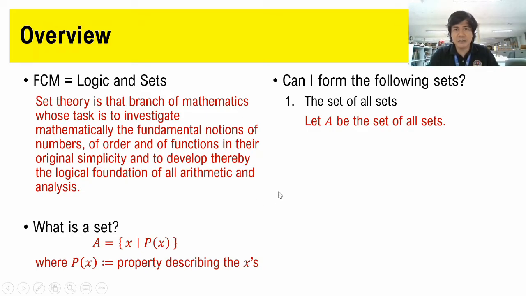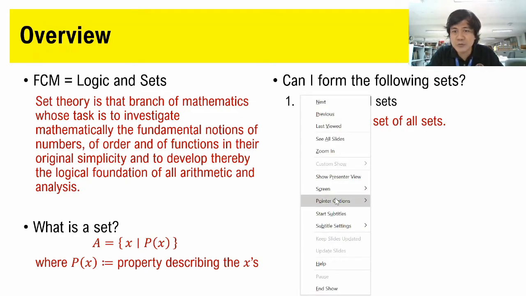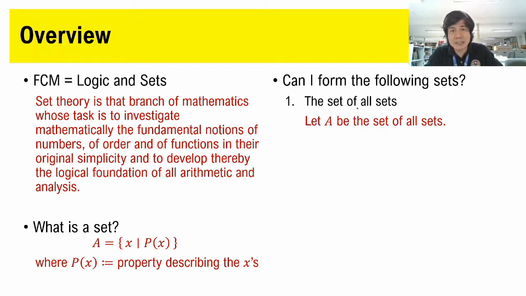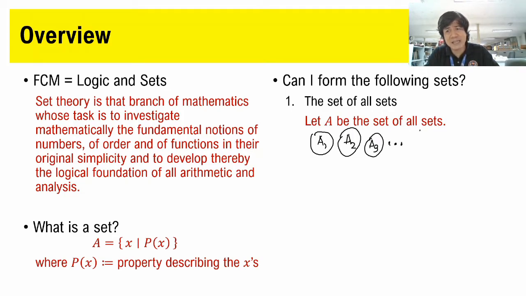So let us consider, for example, let me change the color of my pen into, say, black. So let's consider we have the set, say, a sub 1, say another set, a sub 2, and another set, a sub 3, and assume that the collection of all sets that we can think of is finitely many, say a sub n.